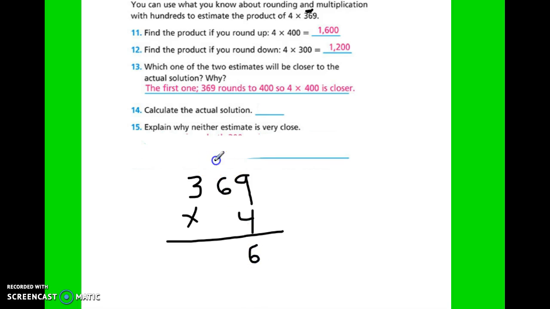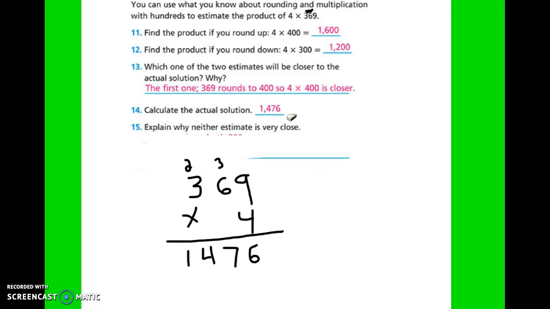Carry my 3 in the 10 spot. 6 times 4 is 24, 25, 26, 27. Carry my 2 to the 100 spot. 4 times 3 is 12, 13, 14. So the actual solution was 1,476.